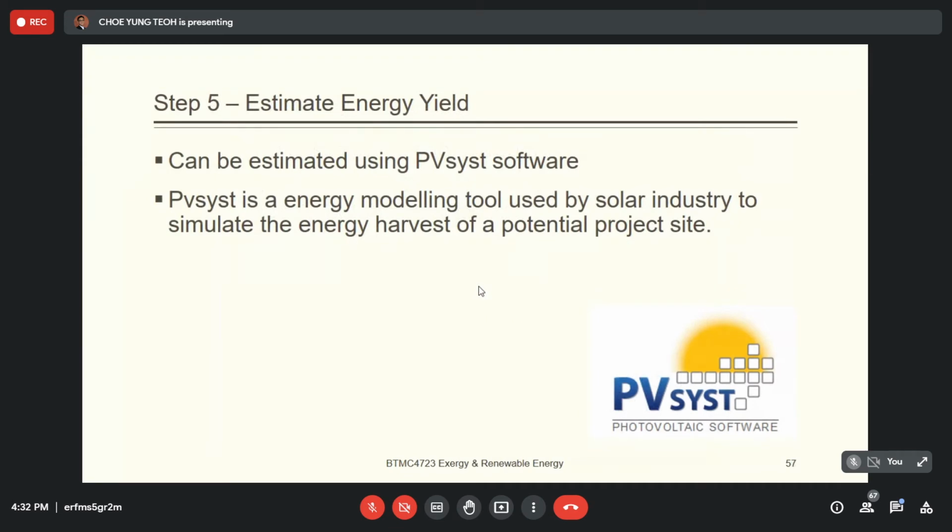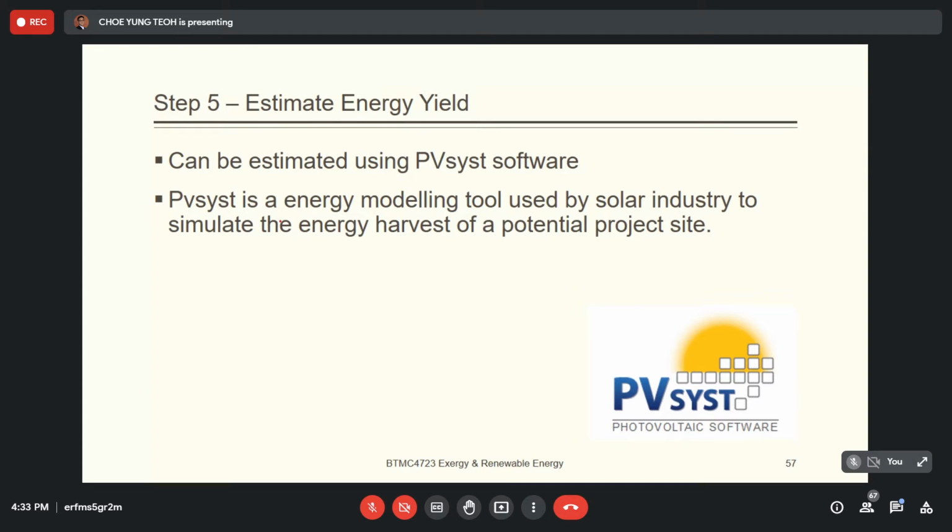The last part is to estimate the energy yield. This normally refers to the commissioning. Whenever you complete your project, you have to send a report to your customer: what is the estimated power output, and what is the estimated annual yield? Based on this, we use PV system photovoltaic software.